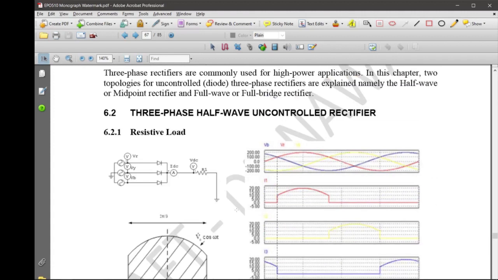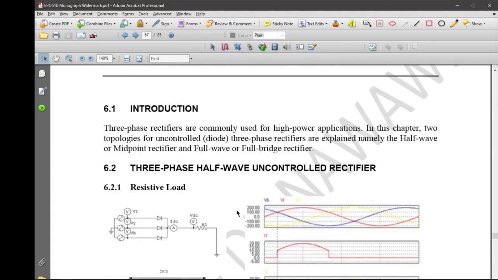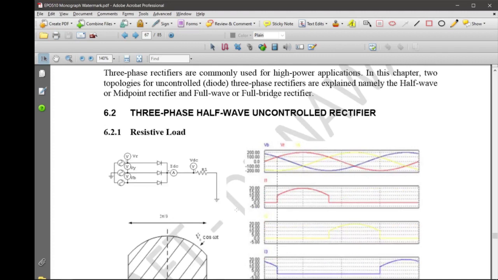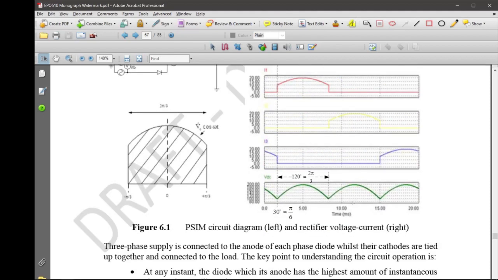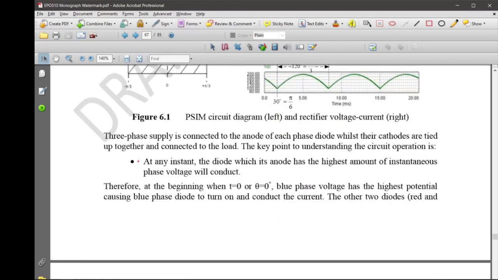So I think that's it for the class. We just gave an introduction and the basic circuit of the half-wave uncontrolled rectifier, which we also call a midpoint converter. We looked into the operation, and we know which diode will be turned on at which time by applying this condition.